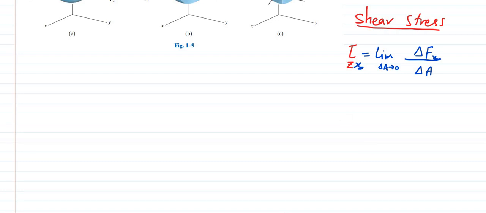And we have another component of shear stress over here also, that would be tau zy, and let me show you the other subscript in another color, equal to the limiting value of delta Fy over delta A when delta A approaches 0.